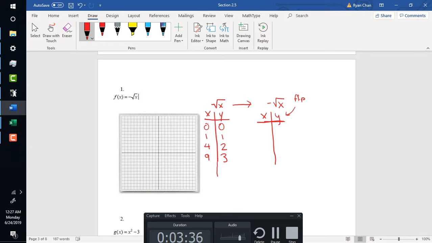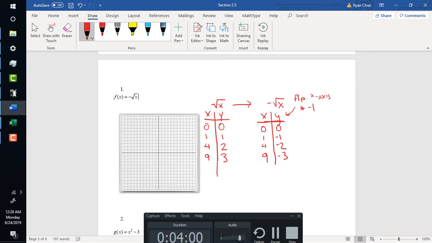Since I'm doing a flip across the x-axis, that means I'm multiplying y by -1. So my x's are going to be the same, but all my y coordinates are going to be flipped upside down, or multiplied by -1. So it's 0, -1, -2, and -3.